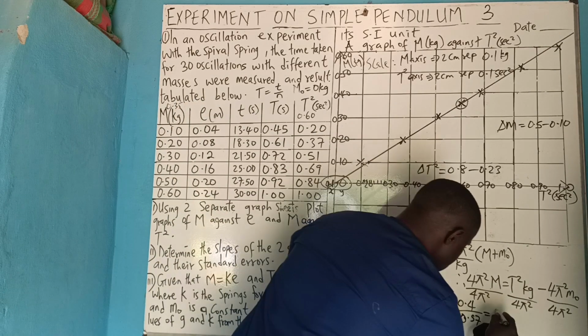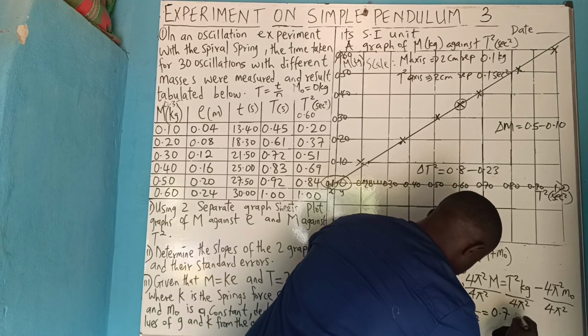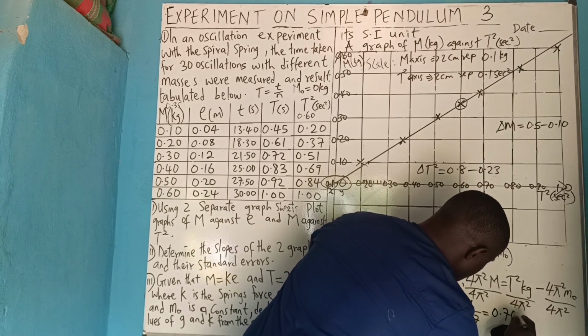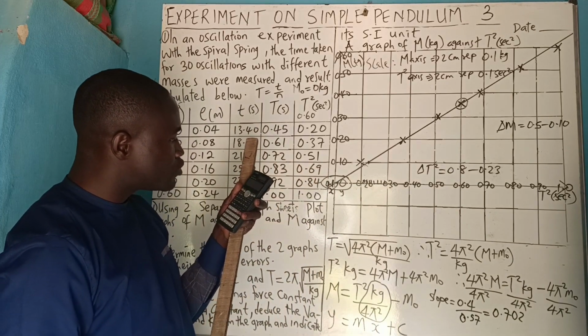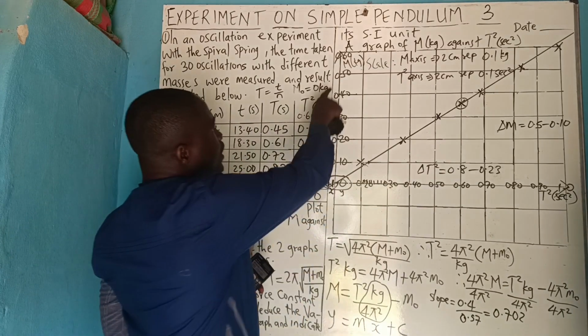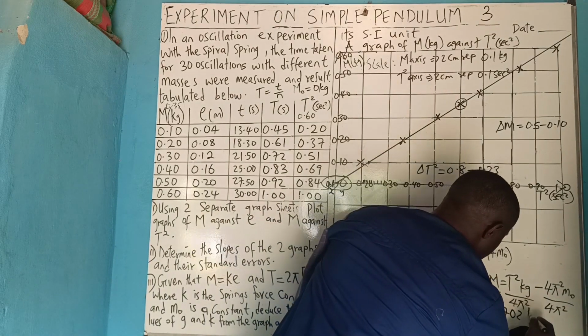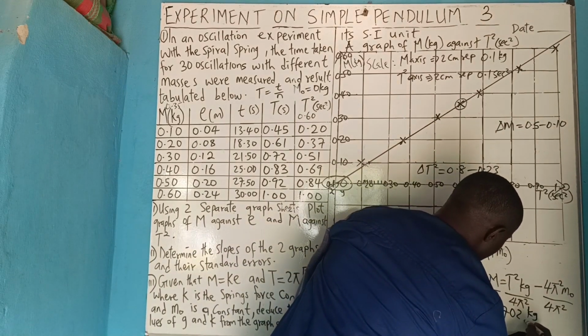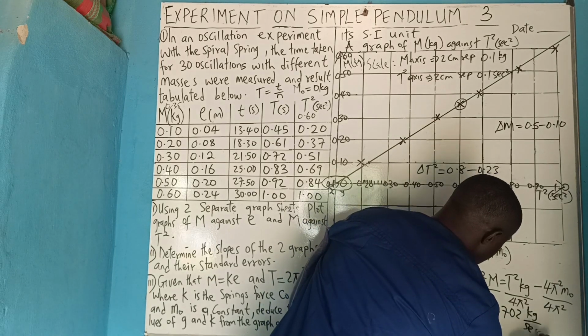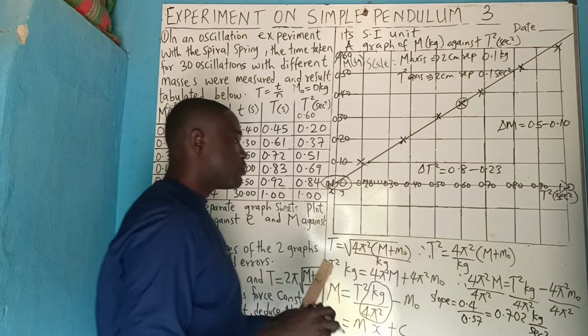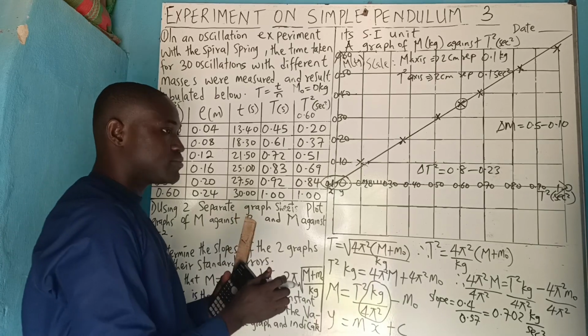You will be having 0.702. The unit will be, what is the unit of y axis? Kilogram, all over what is the unit of x axis? Second squared. So we have located it.